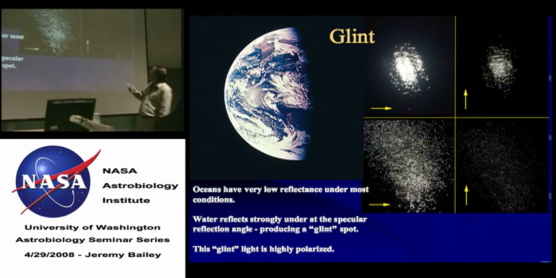It changed between these two cases in a minute or so. Now this is a photo of the Earth from space, and you can see the glint spot there. It's clearly visible, but you could also see that it's not going to be easy to observe this in the total light of the planet, because there's a lot of other light coming from clouds around there, which is going to dilute any effect of the glint signal itself.